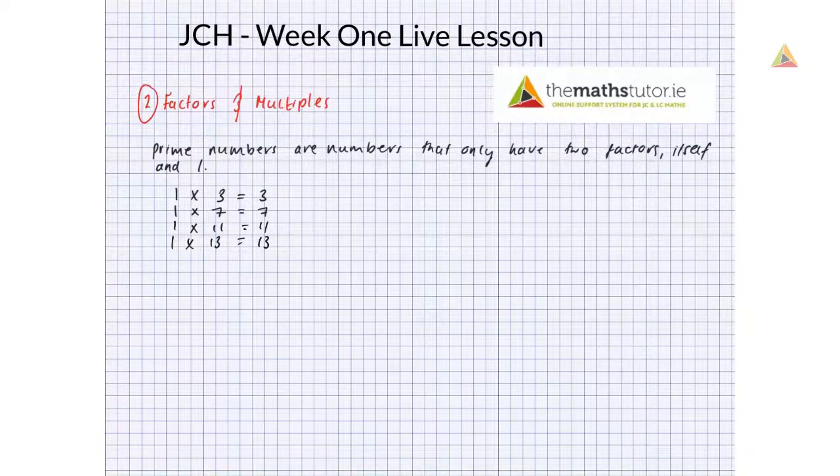And I'm going to give an example now of how you would complete a question to do with prime numbers, especially at higher level. So this is example 4. And the example is to write the numbers 102 and 170 as a product of prime factors.